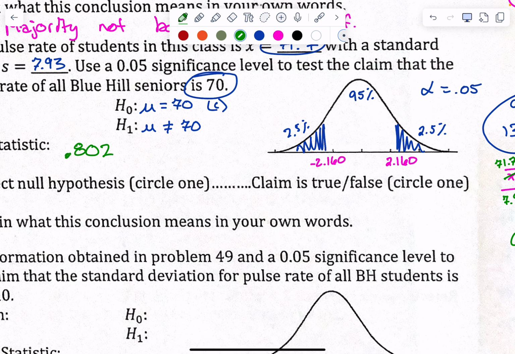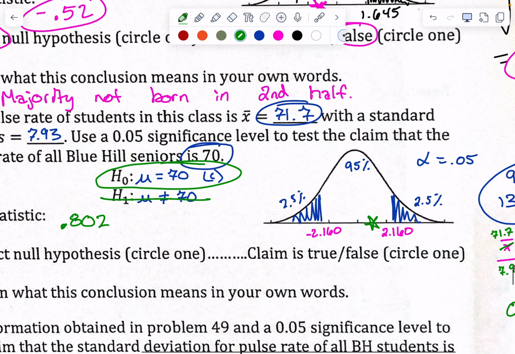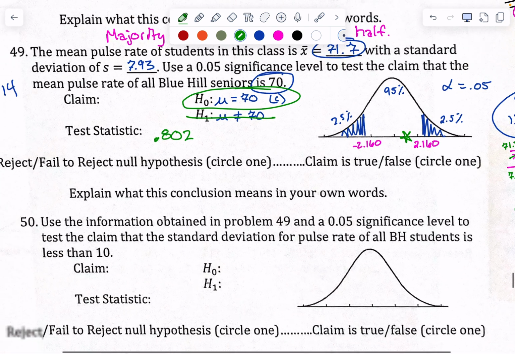Where does it live? In the middle, slightly to the right. So that means it's close enough to 70 to say that's pretty close to 70. Yep, 71.7 is close enough to 70. We fail to reject, but this time the claim is true. So explain what this means.